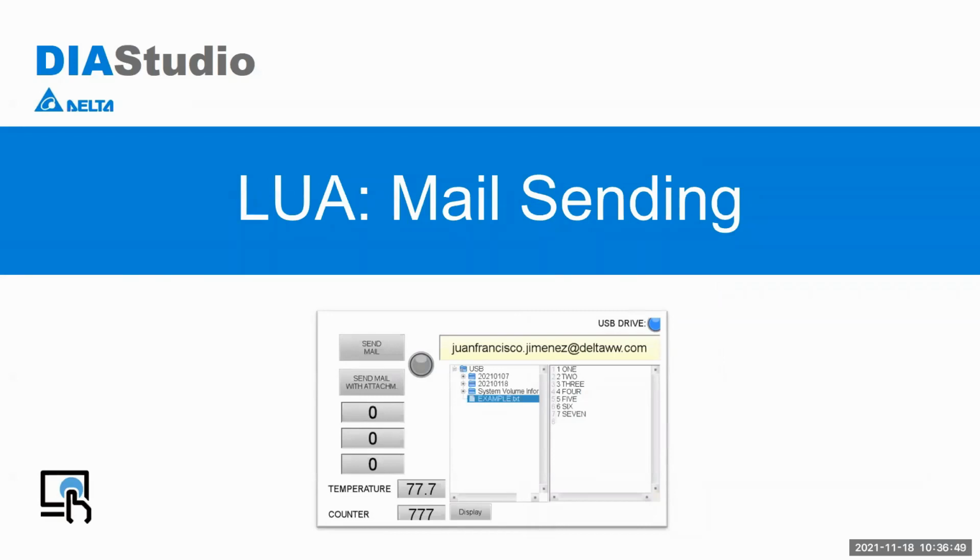This means that so far we were already able to send mails, but usually these mails have to be associated with alarms or this kind of thing. So you cannot send mails whatever you want, and you can also attach or customize the information you put on those mails.